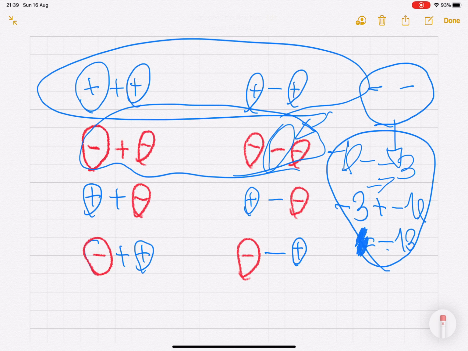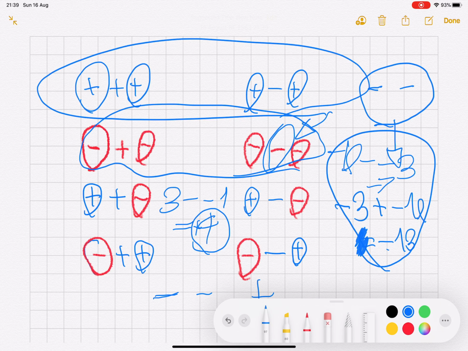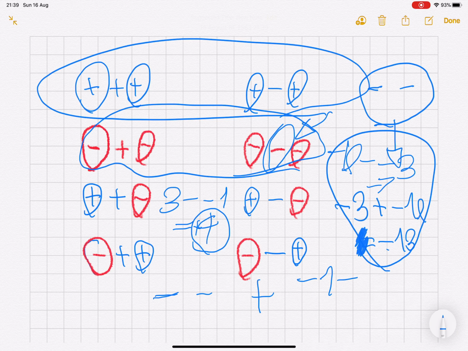And the opposite of this one is like 3 minus negative 1, which is actually 4. It's positive, because minusing a negative will become a positive. It's like you take away the negative, that's why it makes it positive. So this one is just minus what's in front. So like -1 minus 3.